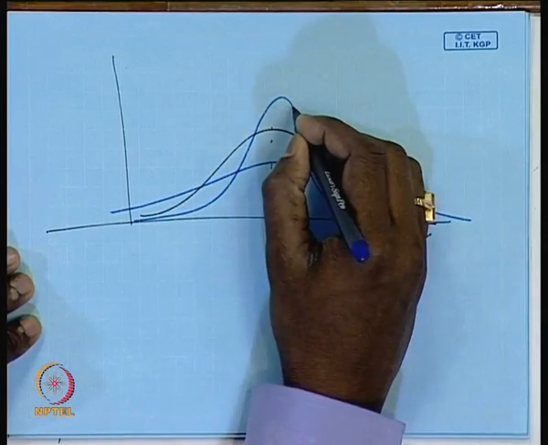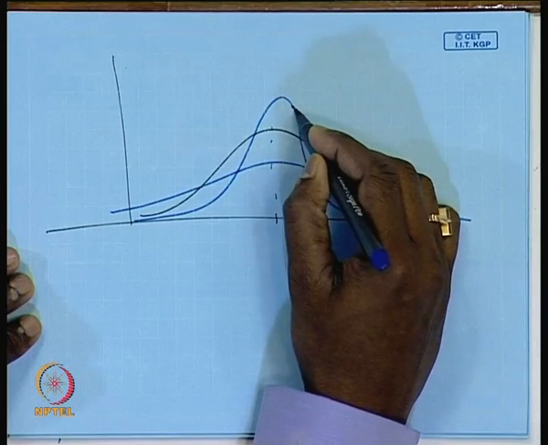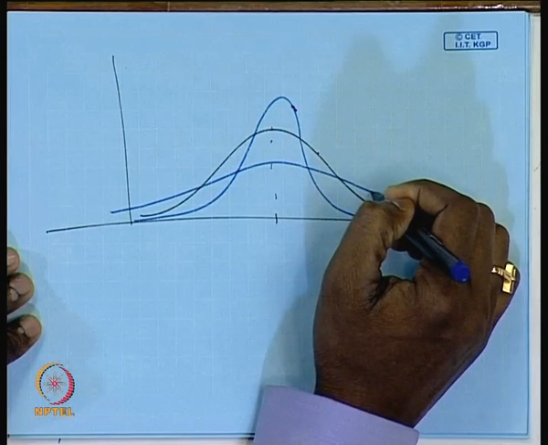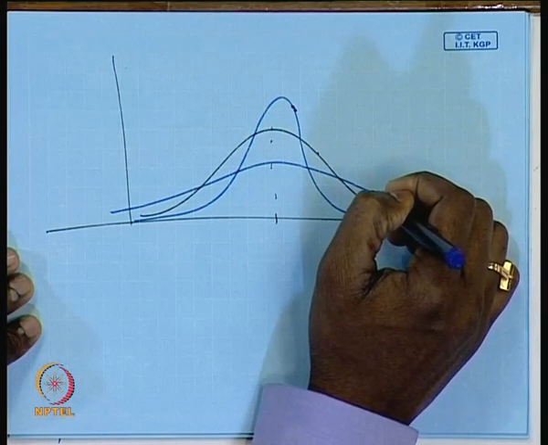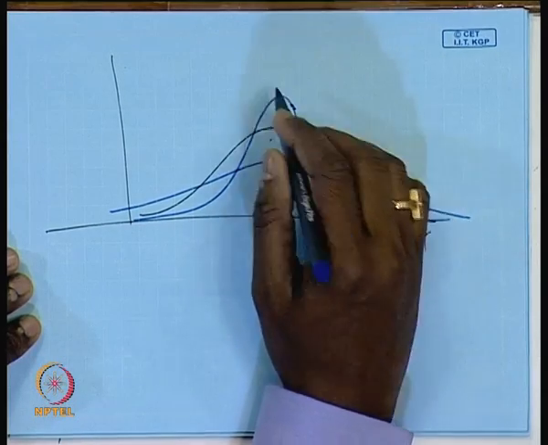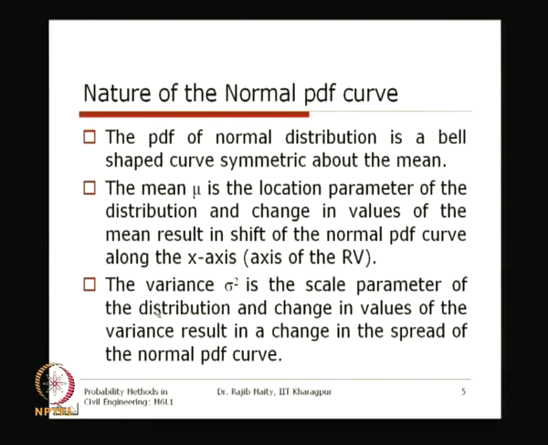Among these three curves, this is for the minimum variance, this is for the medium, and this is for the maximum variance. But the mean is the same, the location parameter is the same. So the variance sigma square is the scale parameter of this distribution, and a change in its value results in a change in the spread of the normal PDF curve.